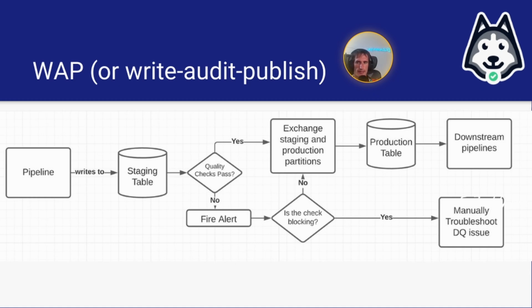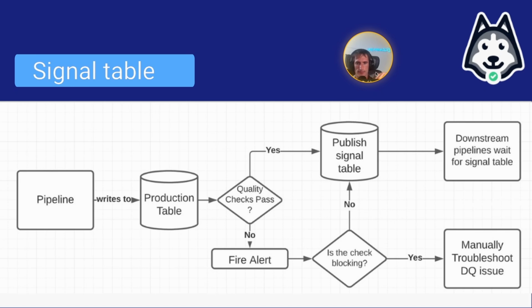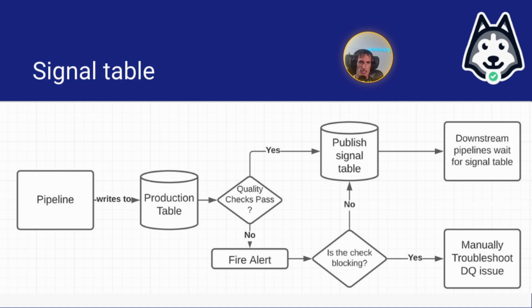We're going to talk a little bit more about the signal table pattern, and we're going to alternate between the two slides because I think it will really clearly illustrate the differences. So here is the signal table pattern. How it's different is there is no staging table.